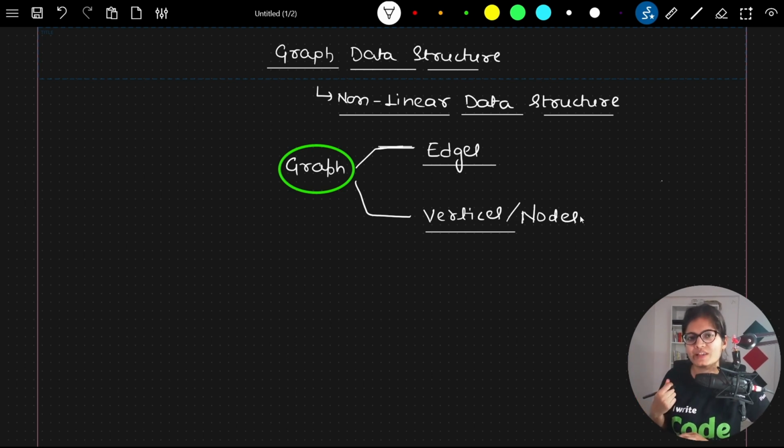With trees there is much similarity, yes, because a tree is also non-linear and also has edges and nodes. The major difference you should know between a tree and a graph is that a tree does not form a cycle.